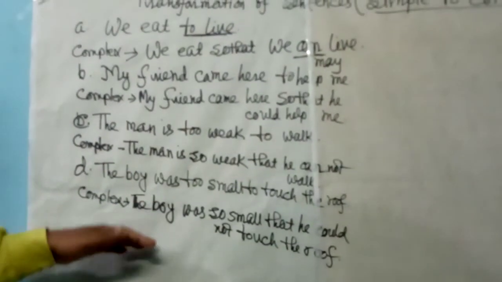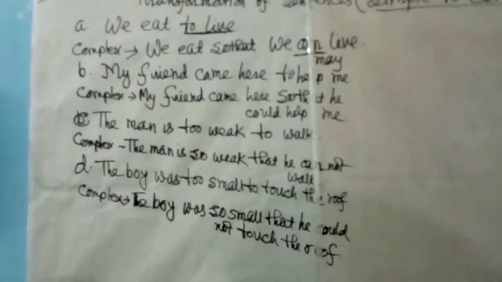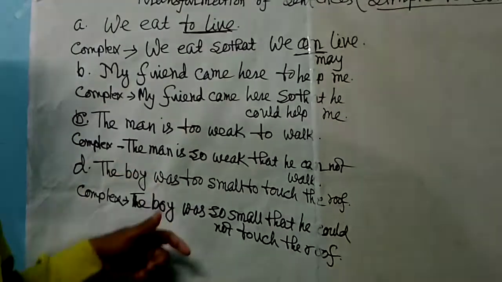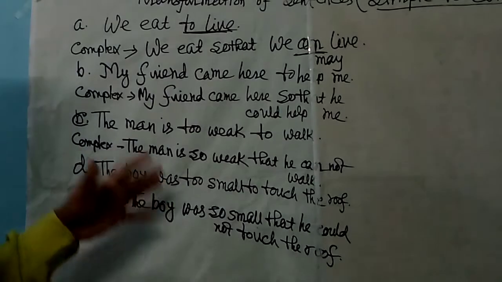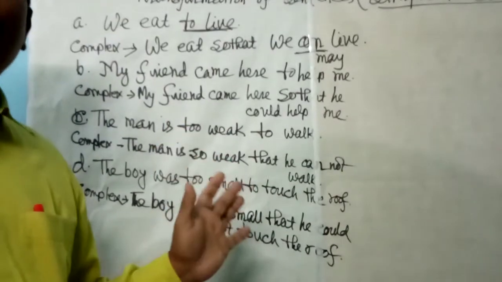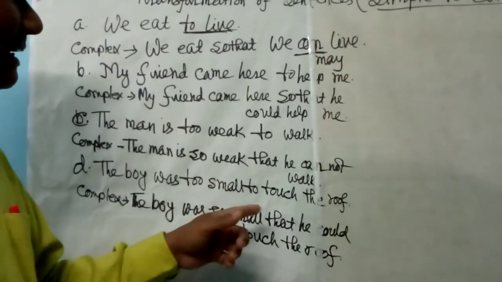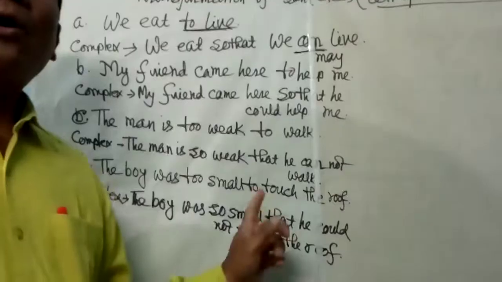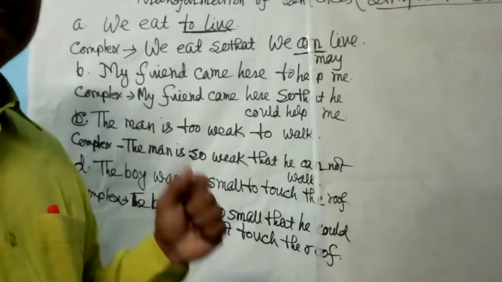Okay, just to see here. But if in such kind of sentence you find there is for and after for there is an object, then in this clause the object will be the subject.